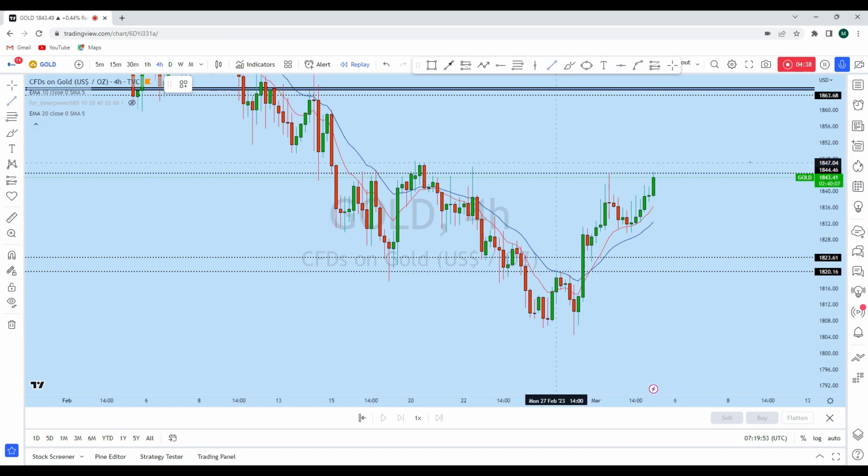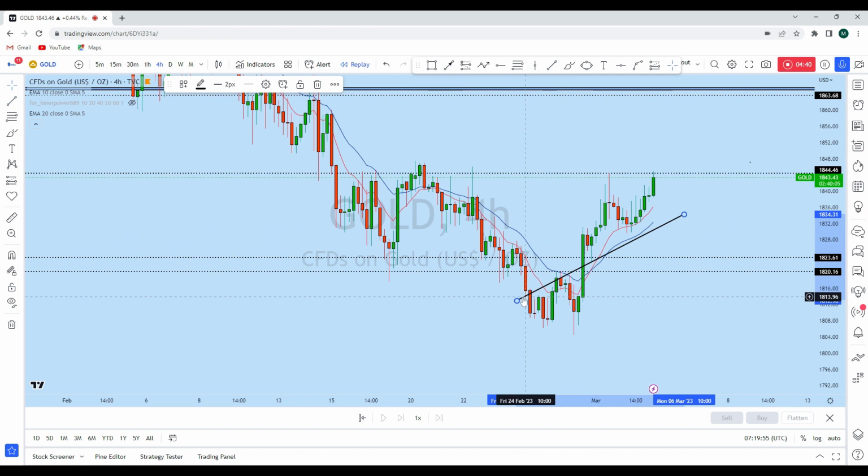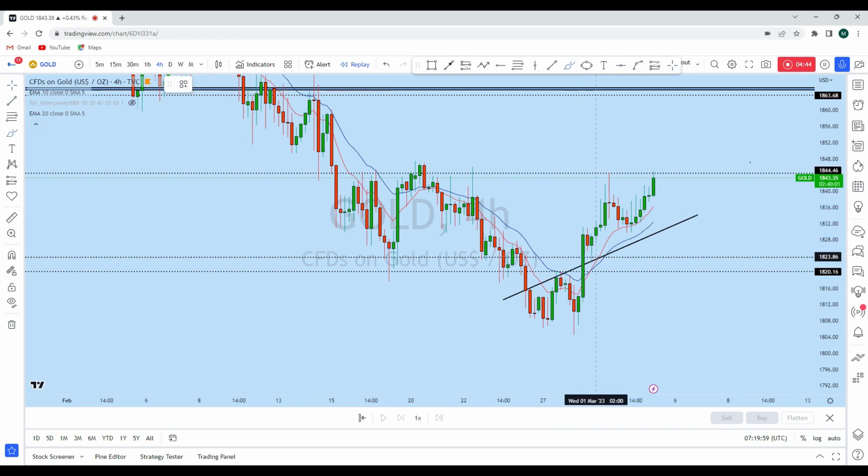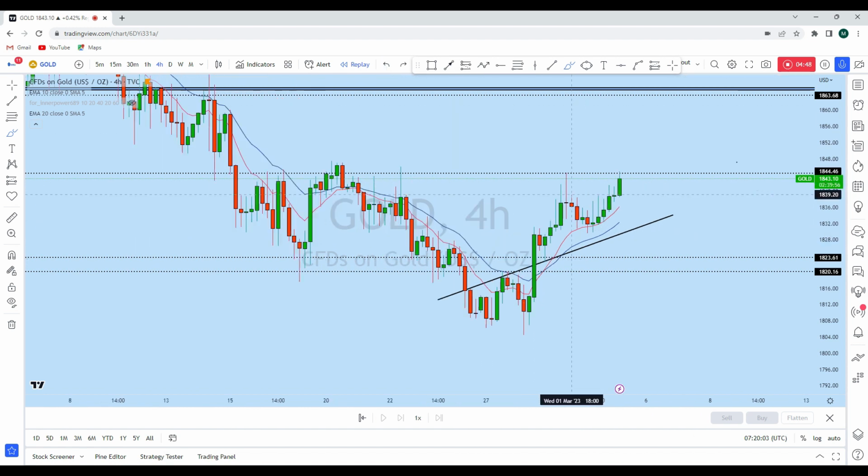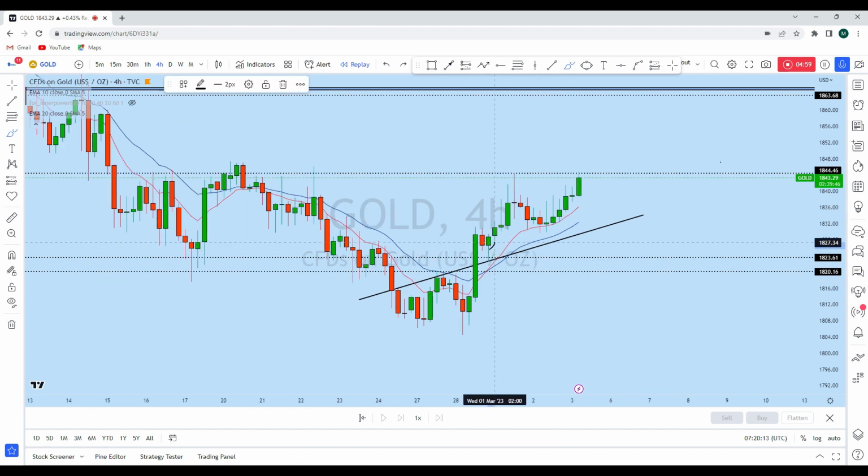The price perfectly tested this previous resistance as support at this level, and from that zone we saw a strong bullish candle on gold. With that bullish candle, gold changed its downtrend to an uptrend, tested this resistance as support, and is now creating a series of higher highs and higher lows, approaching this important zone here.